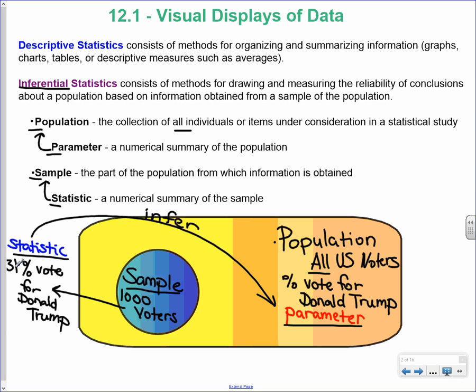So they're going to say 31% of our population are going to vote for Donald Trump. They're using this statistic to infer about the parameter. And that's what inferential statistics is: using our statistic to infer about the entire population.